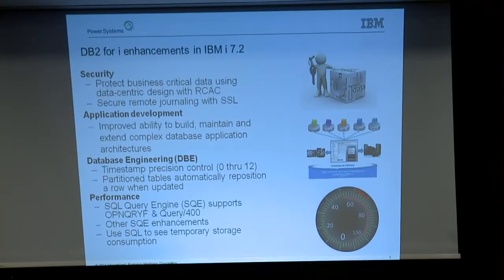With the new query engine, the SQE engine, there are metrics that tell you if you have a query that's running slow, so you can go find out why. Now, your Query 400 reports will be reported in those metrics. Help you figure out what's going on your machine.